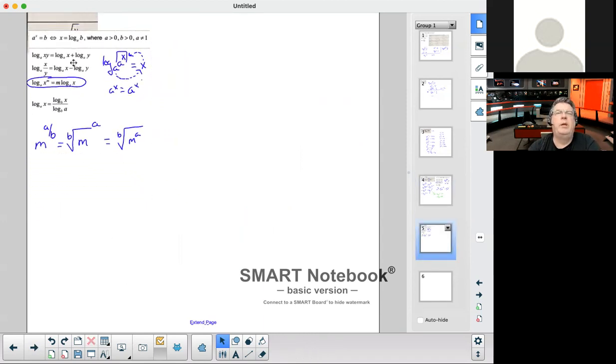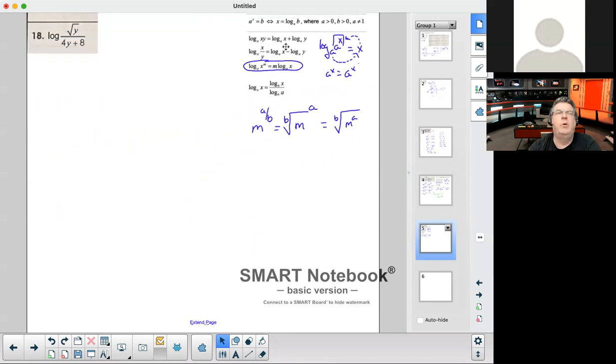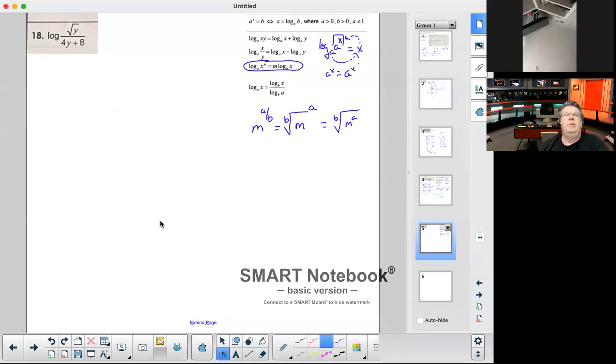There's a lot going on with this one, so I'm gonna write it step by step, okay? It looks to me like you're a really good math student who can see things and not have to write out every step, which is fantastic. But I'm going to write out steps here, just to be sure. So this is y to the 1/2 over 4y plus 8, right?